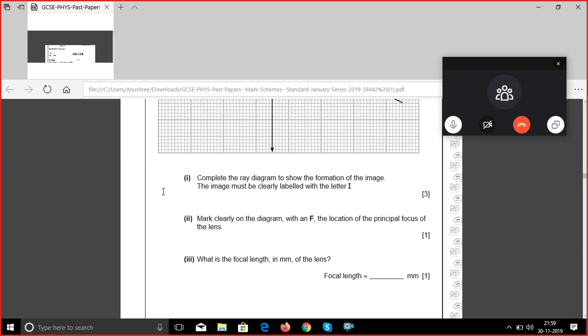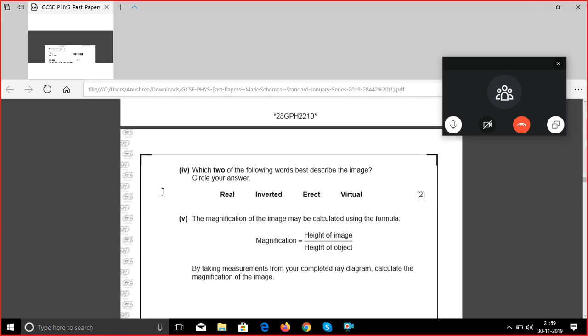So the focal length is, I got 60 millimeters. Yes, that's correct. Okay. Now the next one.